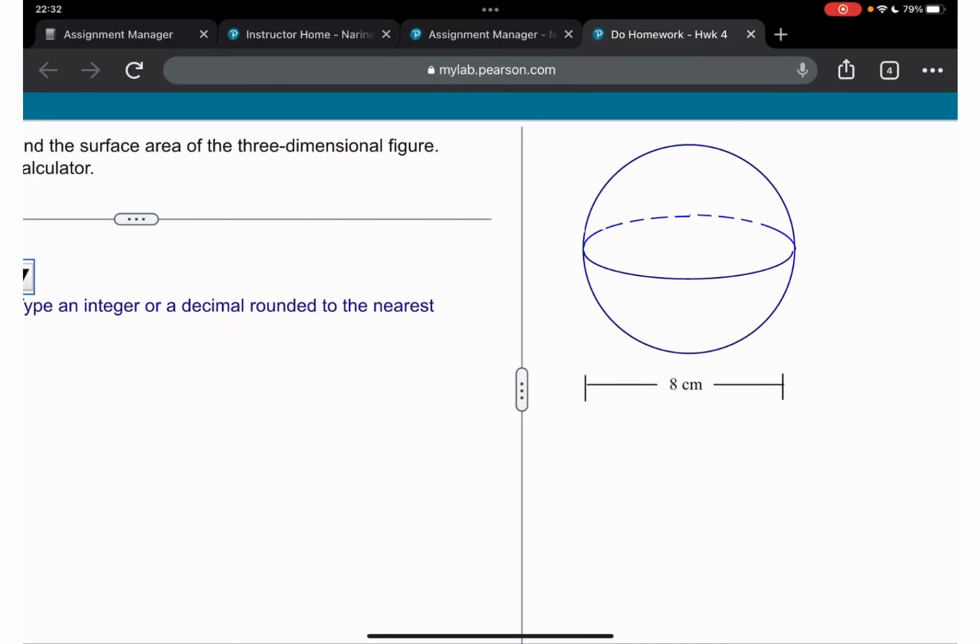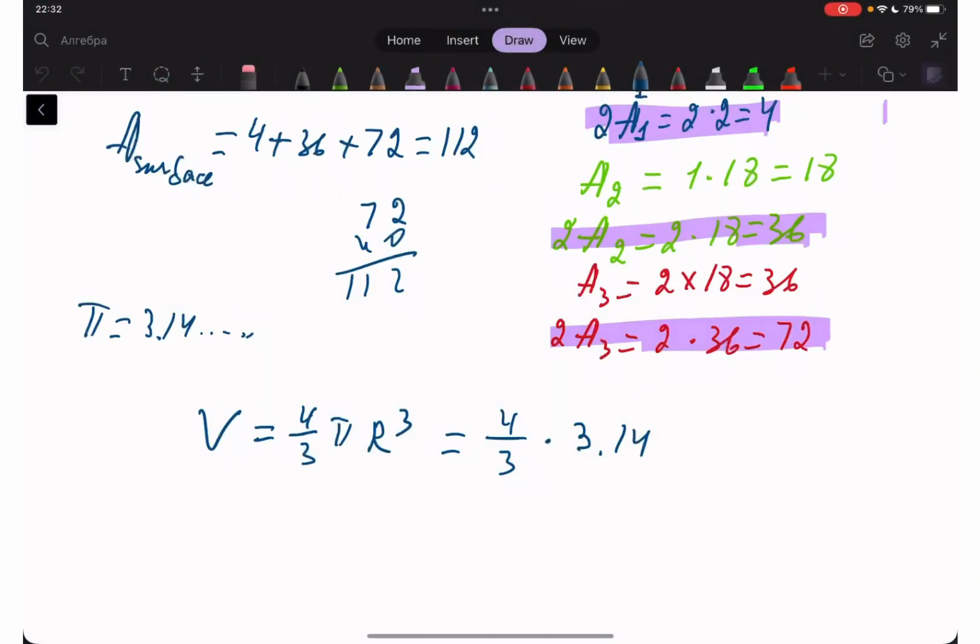Okay, 8 centimeter is diameter from end to end. Okay, let me show you. This is 8 centimeters. We need radius, so we need half of it, 4, and times 4. So we're doing math, 4 times 4 times 3.14 and divided by 3.